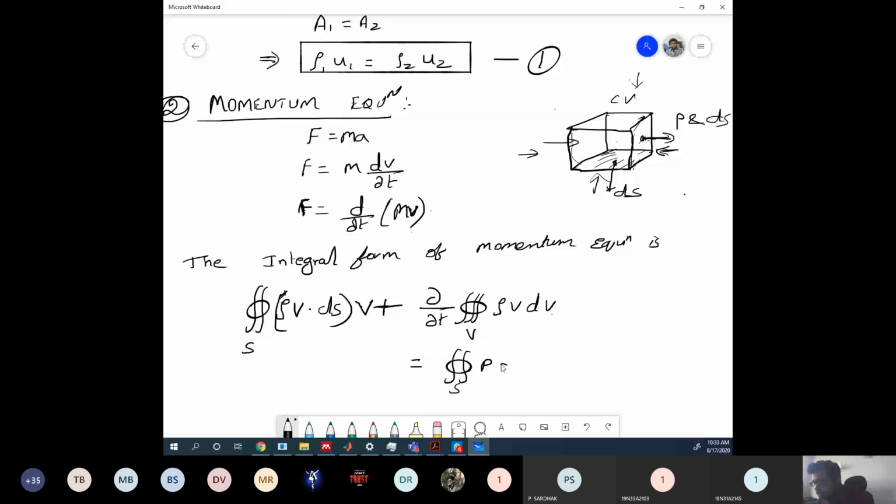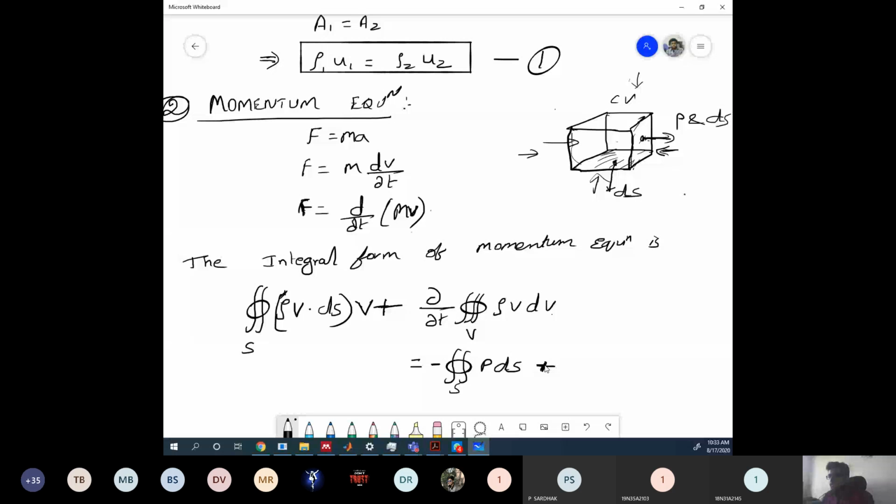In vector calculus, the signs are very important. You should be careful with that. Now this is P dS. The other one is body forces, which you can take as the volume integral of rho F. F is the body force.